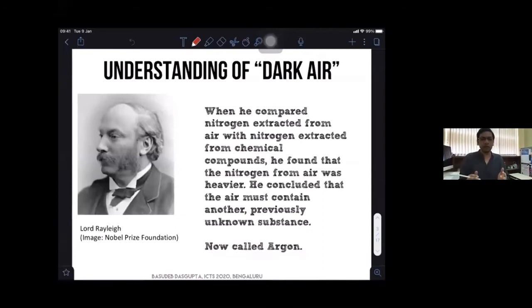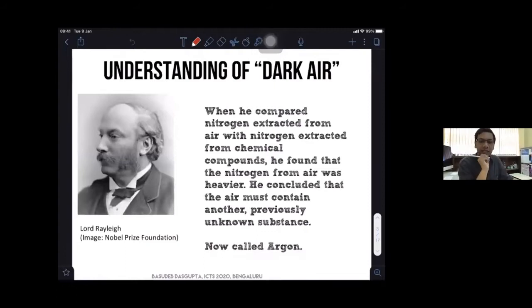So in some sense, this is also a mass discrepancy problem, right? The nitrogen that I create is not as massive as the nitrogen that's out there in space. So there is clearly something called dark air, which is out there, which I am not detecting and I'm not aware of.